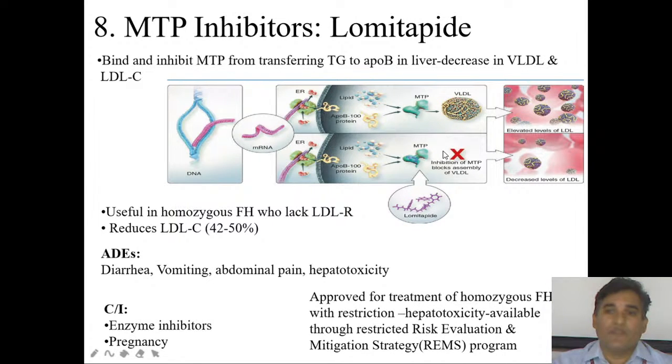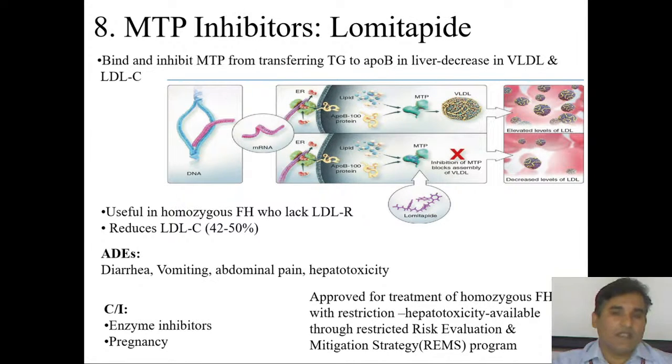further production of the VLDL decreases, and ultimately the VLDL level decreases. When the systemic VLDL level decreases, the LDL receptor gets upregulated, and LDL receptor mediated transport of LDL from the systemic circulation to the liver increases, and ultimately VLDL and LDL concentration decreases.